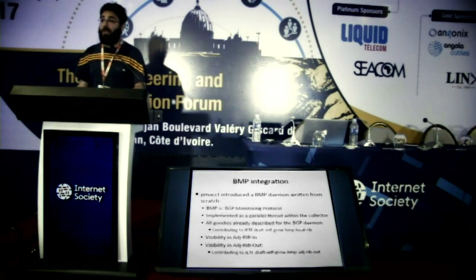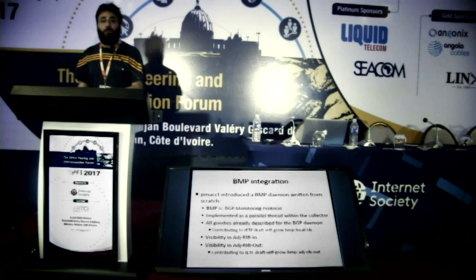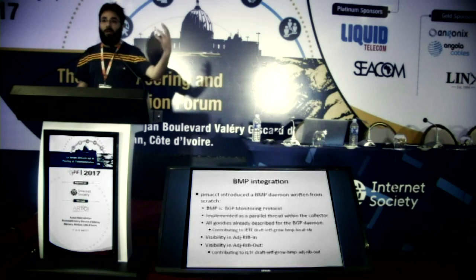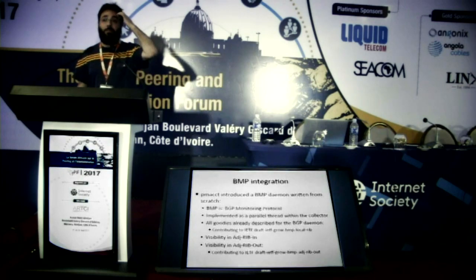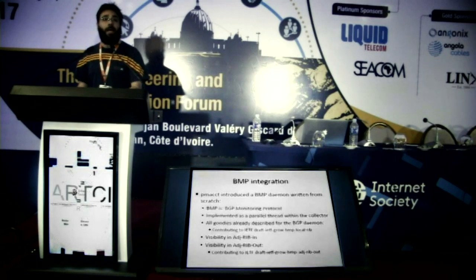The basic implementation of BMP has already been drafted and standardized, and there is some activity today to extend it. Today BMP supports only Adj-RIB-In, so the RIB from the BGP neighbors that are connected. But there are two drafts to also support the local RIB and Adj-RIB-Out.